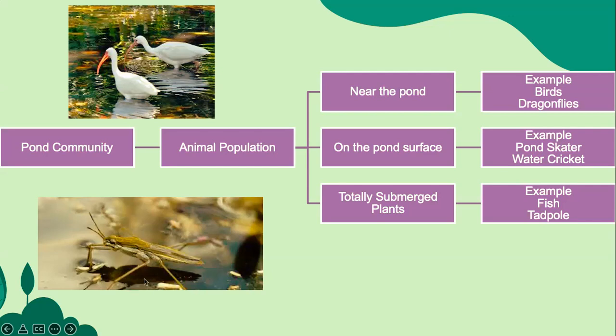For near the pond, we have birds and dragonflies. For on the pond surface, we have pond skaters and water crickets, and underwater we have fish and tadpoles. All right, so let us carry on.